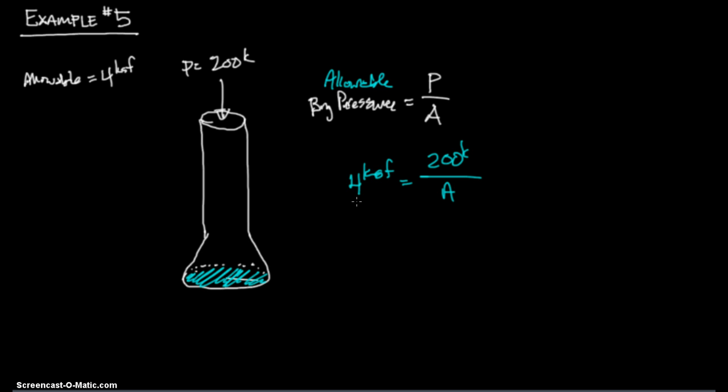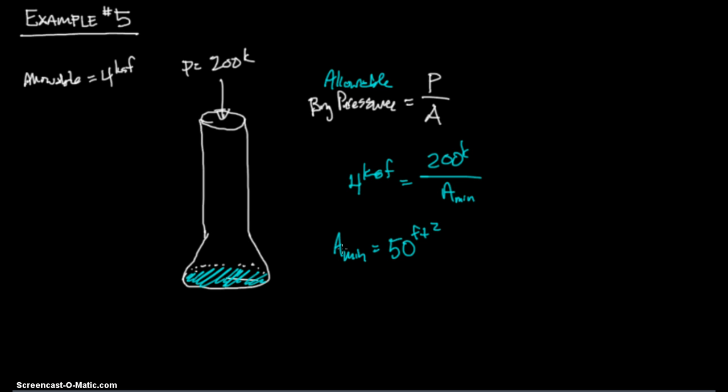It doesn't have to be min or max, but if you think about it, it's going to be our minimum A, because if our A is higher, then our actual pressure is going to be lower than the allowable, which is what we want. So let's solve for A min, and A min equals 200 divided by 4, which is 50 foot squared.